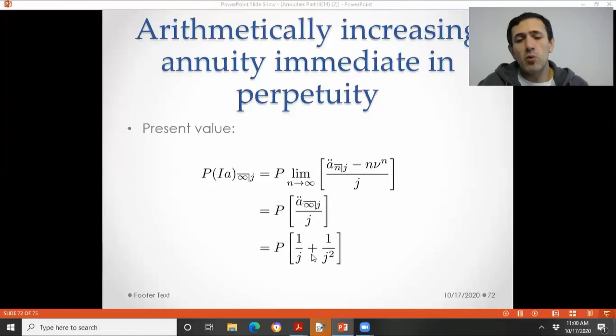Just like anytime you want to go from a formula involving annuity immediate to an annuity due, you just multiply by 1 plus j, because annuity dues are the same as annuity immediates, except for present value purposes, you're discounting everything by one less period.